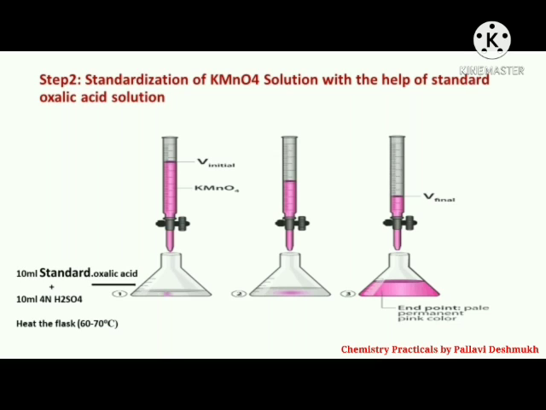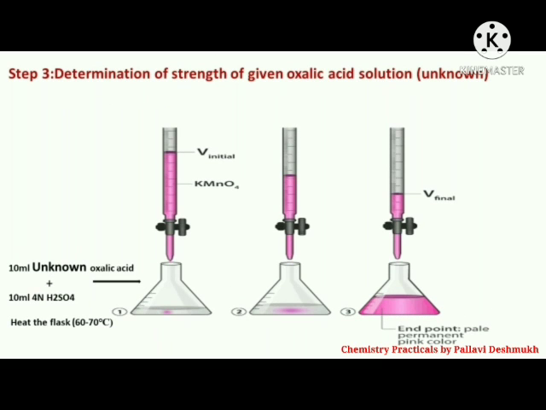Now heat the contents gently to about 60 to 70 degrees Celsius. Run the KMnO4 solution from the burette into the conical flask and shake it under hot condition. Continue the addition of KMnO4 solution until the light pink color just appears and persists for about 30 seconds. Now it is the end point. Repeat the titration till we get 3 constant readings.